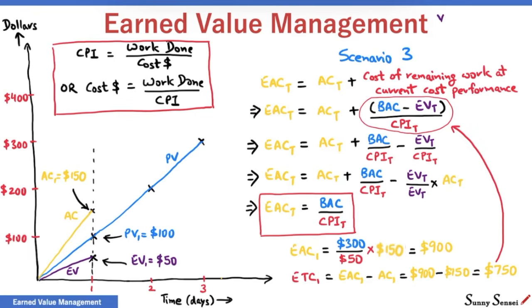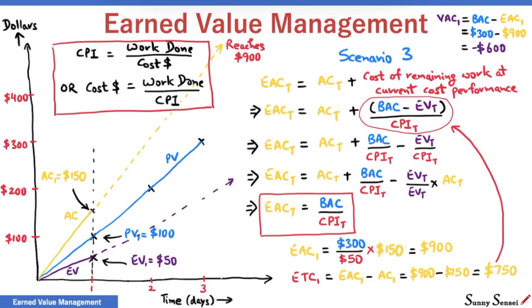The current variance at completion is minus $600. Going back to the plot, both AC and EV will extend with no change in the slope. The CPI will be constant. At the end of the project, AC will reach $900, the estimate at completion, and EV will reach BAC, $300.